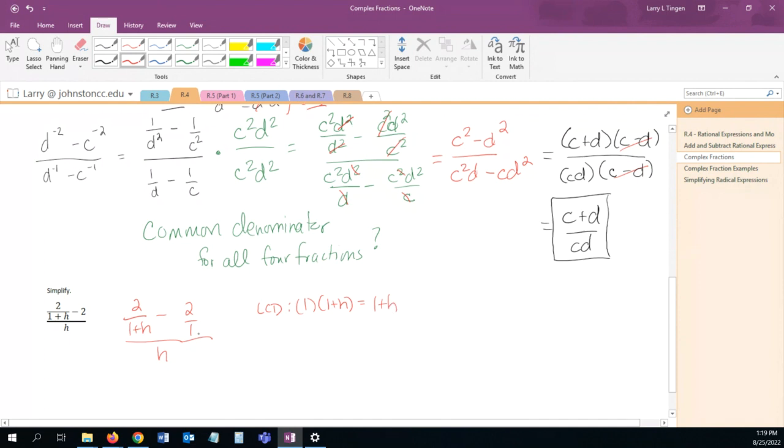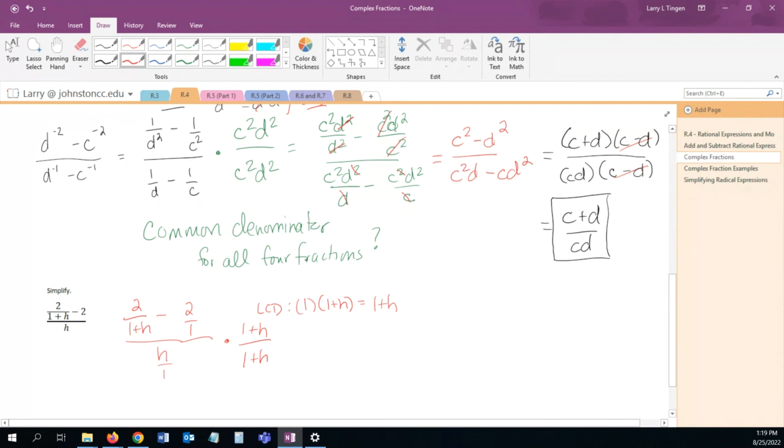So I need to make this fraction look like 1 plus h, make it have the same denominator, or I can do what I did before and clear the fractions, right? And to clear the fractions, I just multiply top and bottom by the LCD. I'm allowed to do it because the denominator does the same thing.